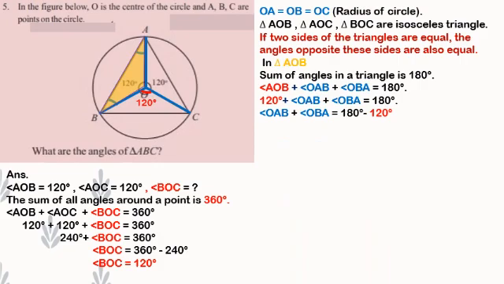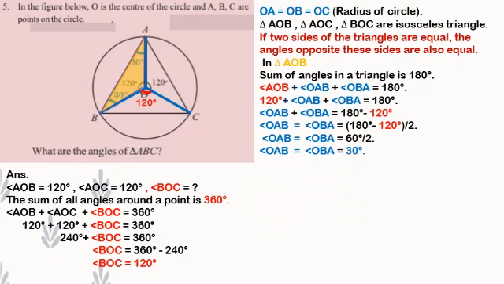That is angle OAB plus angle OBA equals 180 degrees minus 120 degrees. So angle OAB equals angle OBA equals (180 degrees minus 120 degrees) by 2, that is 60 degrees by 2, which is 30 degrees. So we can say angle OAB equals angle OBA equals 30 degrees.